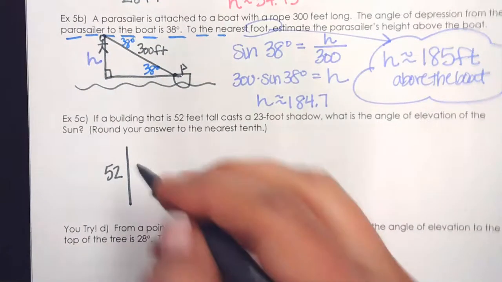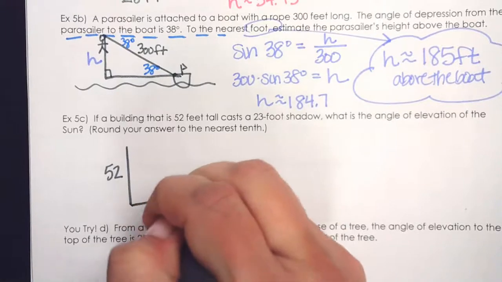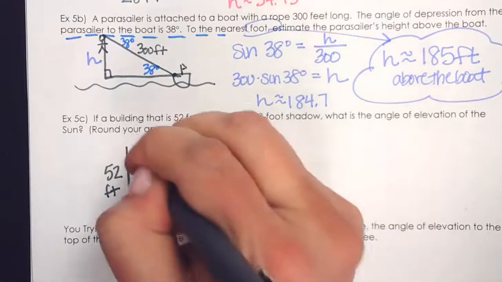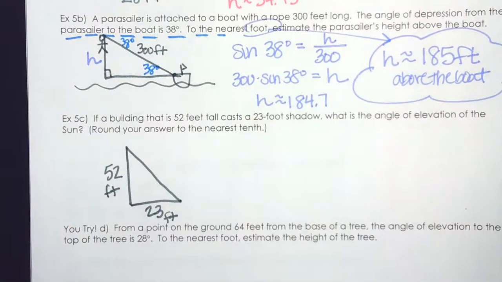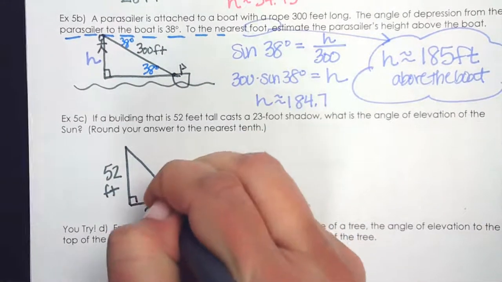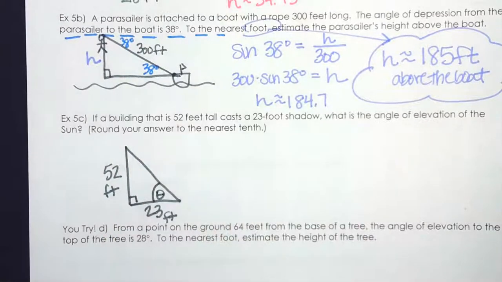On the ground. What is the angle of elevation to the sun? And essentially the angle of elevation we know is just going to be measured from this horizontal. Just put on there.